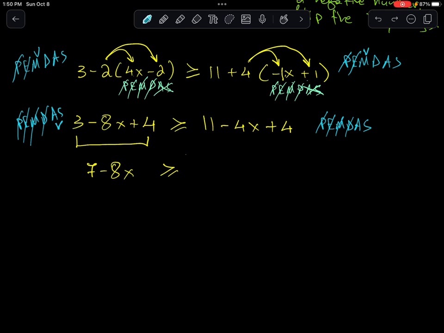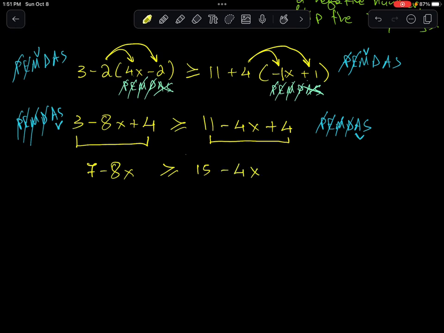No, they're not like terms. Can I add or subtract 11 and 4? Yes, actually I add them, because they're like terms. So there is addition or subtraction, and this is what I'll do. Now what is 11 plus 4? That's 15. And negative 4x drops.